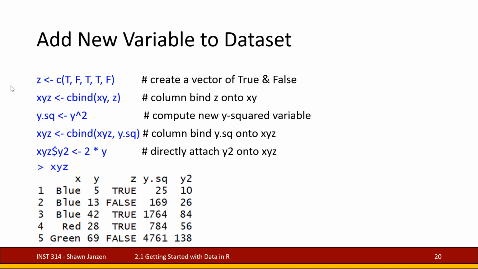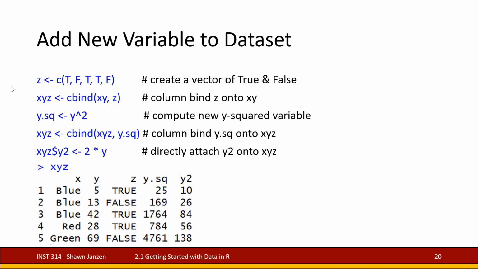Another way we can add things into the data frames is directly attaching. I showed you cbind where we're attaching column by column. But there's another way: as I said before, when you want to call a data vector, you can call it out specifically with a $ sign. And you can use this to make new columns. If I say a data frame XYZ $Y2, and if Y2 doesn't exist, it will create column Y2 at the end.